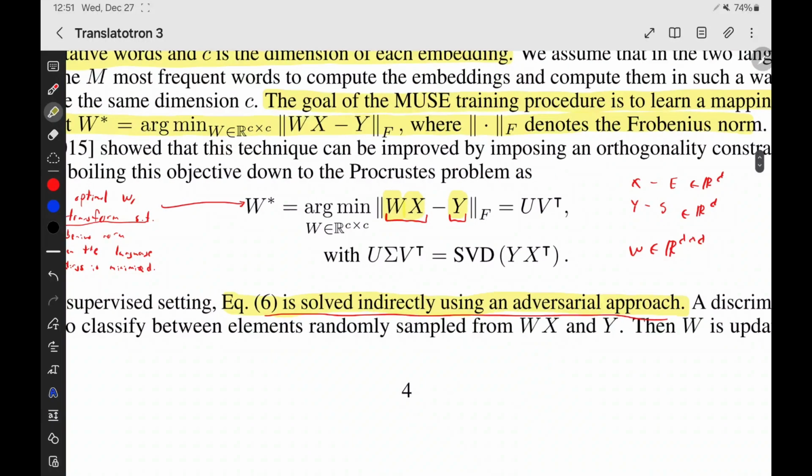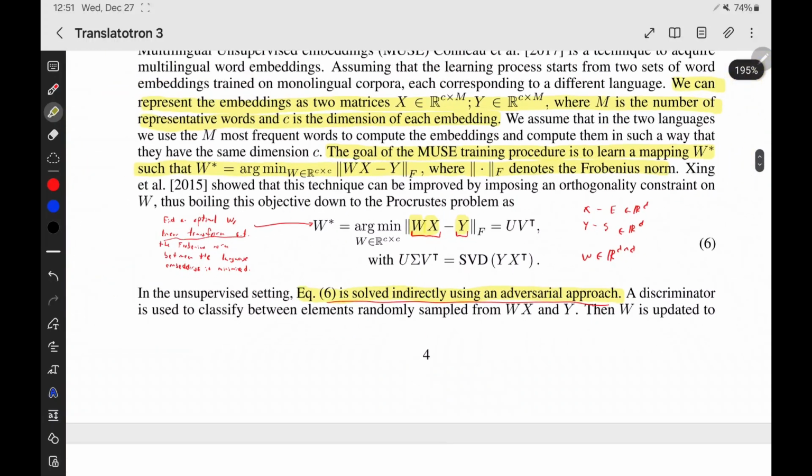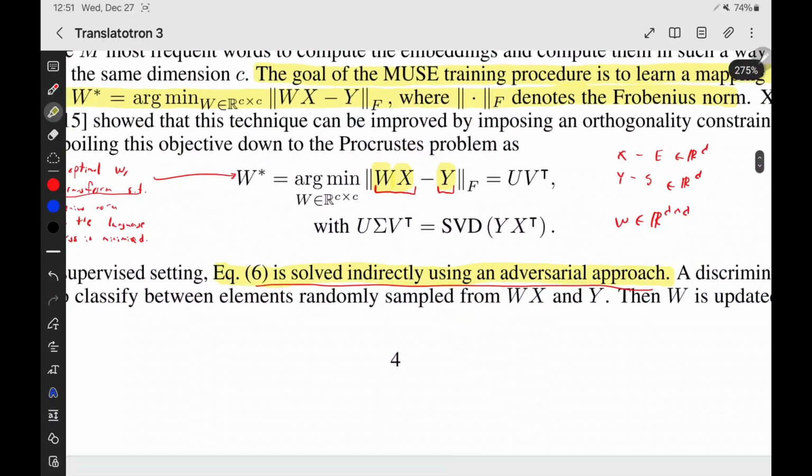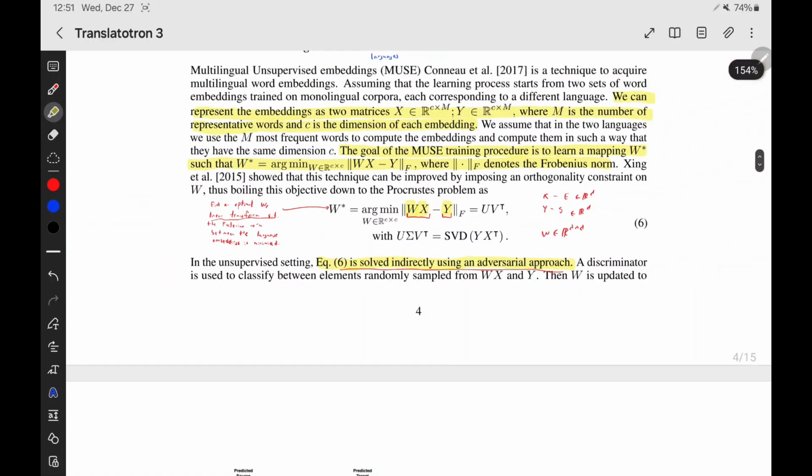Now, there are two problems with this. This assumes one-to-one mapping. It also assumes a linear mapping, but apparently it helps the model quite a lot. I also think another problem is that you need this for the model to do well. I feel like it's a bit weird introducing this into the model.